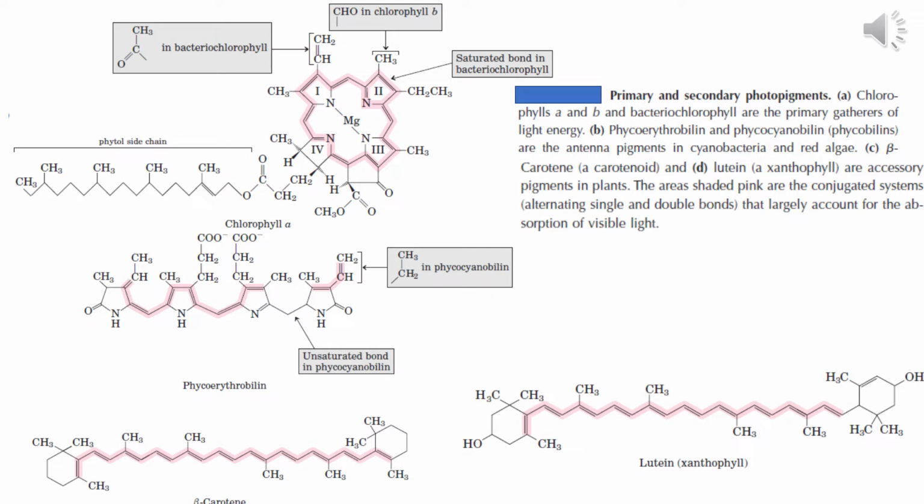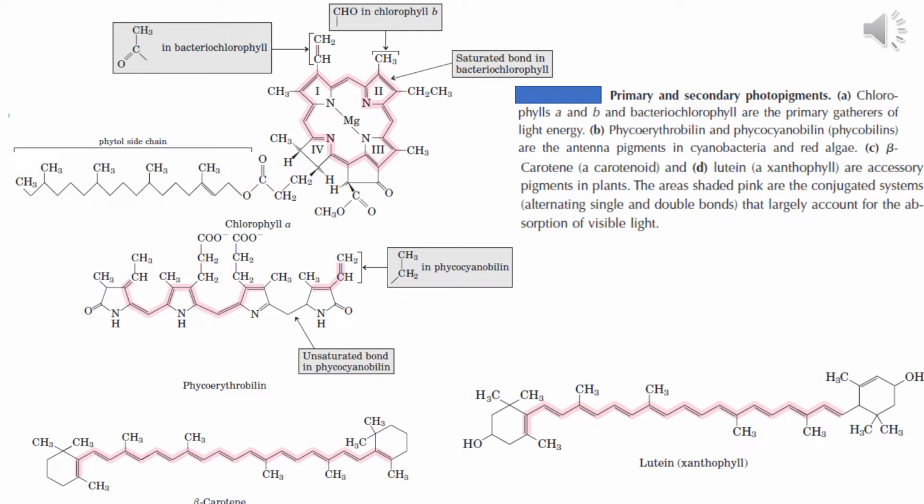Here you can see the chemical structure of different pigments responsible for absorption of light. You need not draw these figures, but you should make note of one thing. All these molecules contain areas with alternate single bonds and double bonds. Look at these figures, those areas are shaded with, say, violet color.